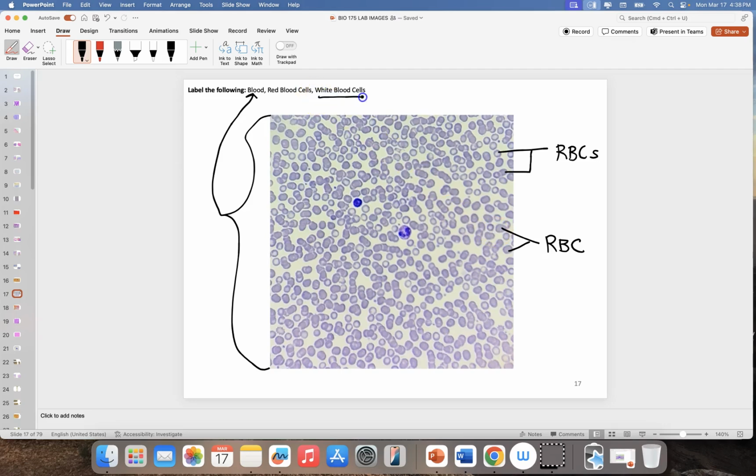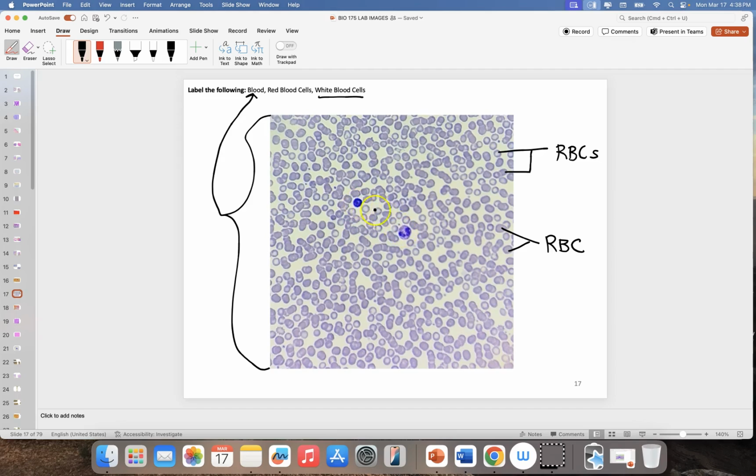White blood cells, there are different types of white blood cells. We won't talk much about that until A&P2, but we can recognize white blood cells because they have a nucleus. The nucleus might look a little bit different depending upon what type of white blood cell we are looking at.